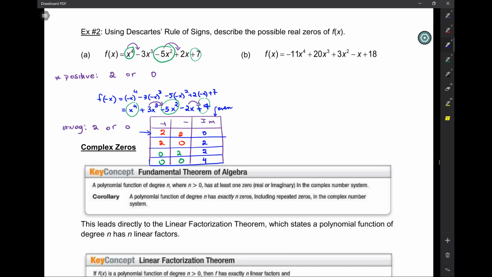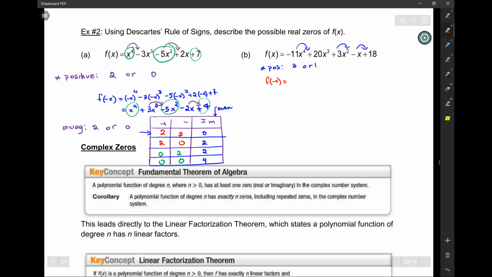Okay, let's do this one. So for the number of positive ones, how many times does the sign vary? 1, 2, 3. So it's 3 or 1. The number of negative ones, we want f of negative x. So what you do is this.